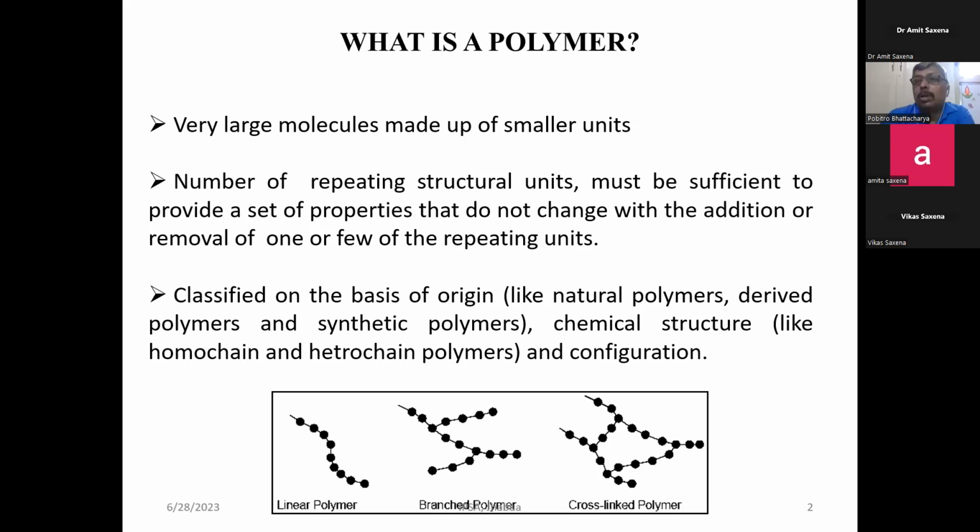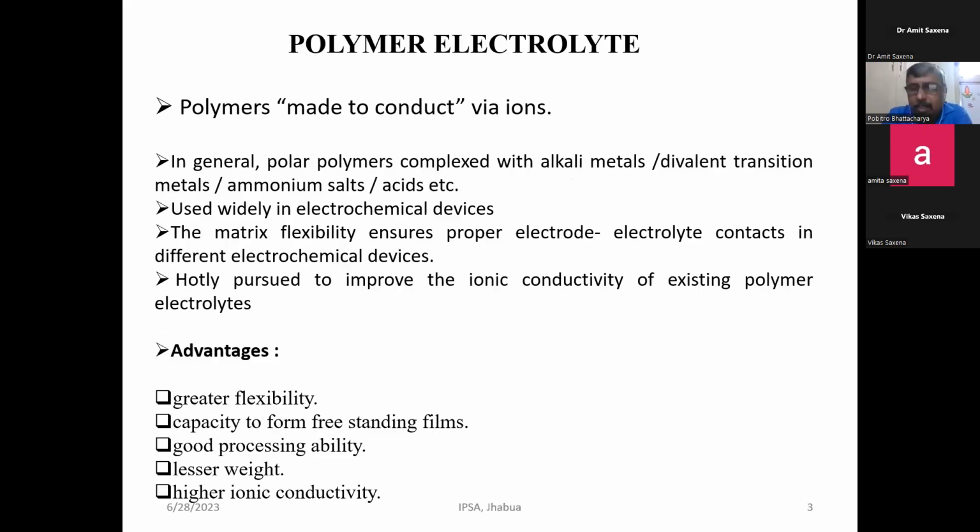So let us go towards the polymer electrolytes. The first line is very important, and I read it: polymers made to conduct via ions. Polymers in general do not conduct. The conjugated polymers that are available and which conduct are generally not electrolytes. They conduct via electrons or holes.